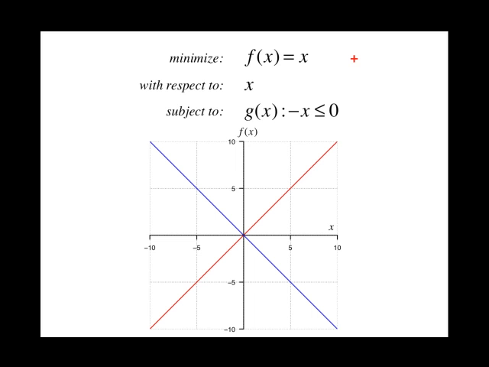The g function here, the inequality constraint, is monotonically decreasing, meaning if you increase x, the value of g of x continues to get lower. And as a result, because these values are opposite, this means that the g constraint is going to be active because it's going to bind the objective function.